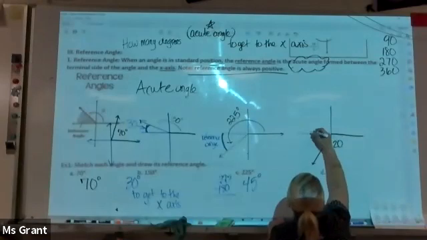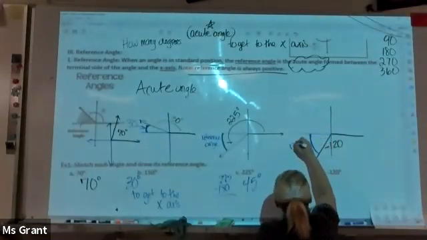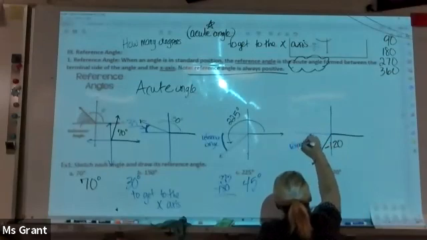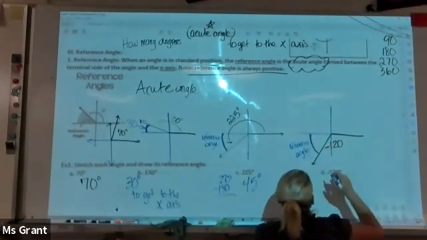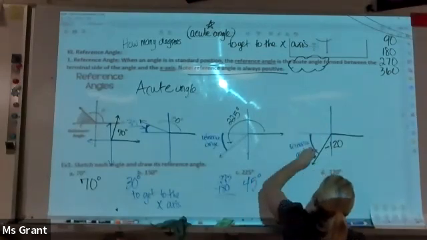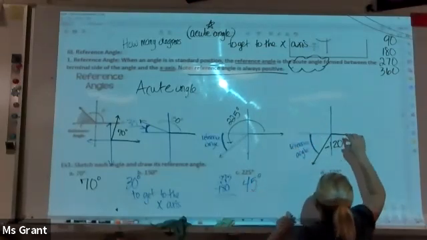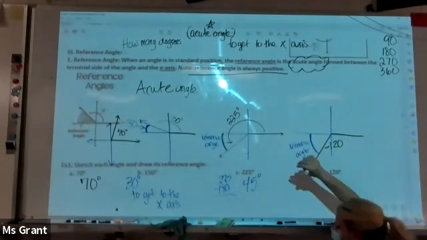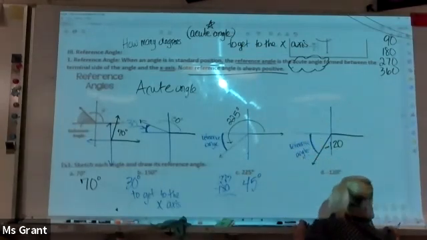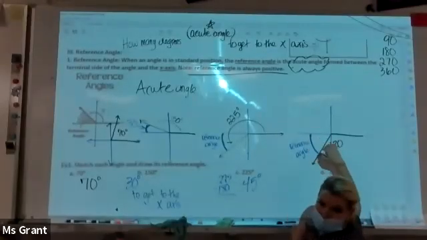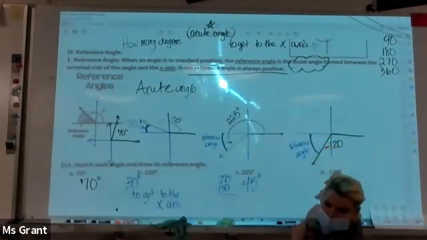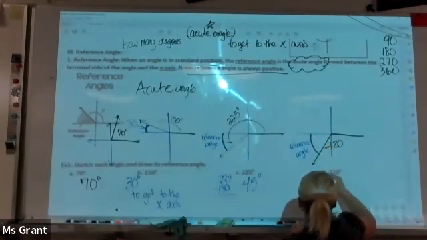Here's my reference angle, acute angle. How much? So it's basically, I'm at 120, I need to get to 180. What's my reference angle? 30. I'm at negative 120, but I need to go up here. What is it? 60. 60 degrees.